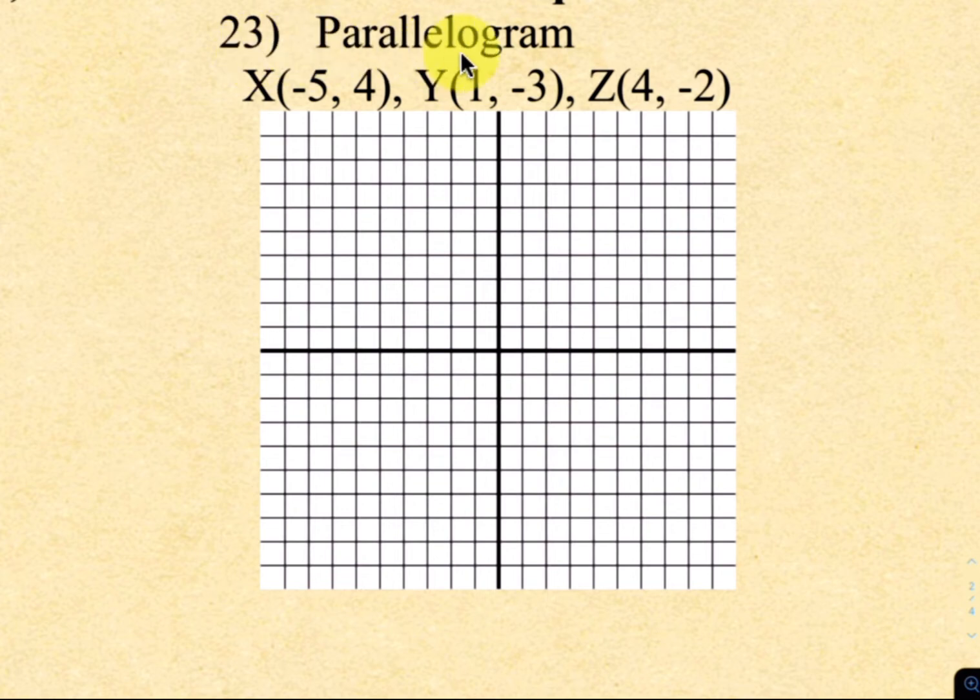Okay, for number 23, we want to show that this is going to be a parallelogram, so we would have to find the 4th point W to make it a parallelogram. First, let's plot these points X, Y, and Z and connect them. All right, here's X, here's Y, here's Z. We want to make this a parallelogram. Well, the way to do that is to look at how to get from Y to Z. From Y to Z, you go up 1 and over 3.